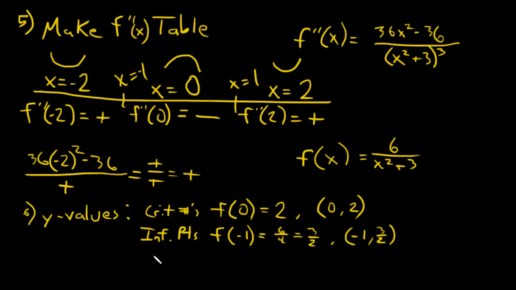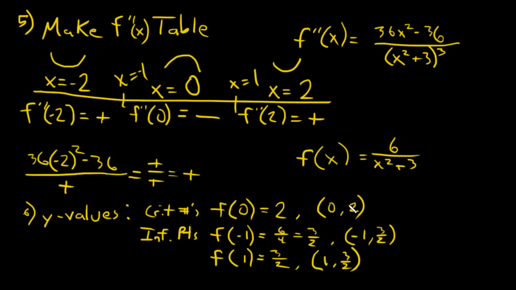And you can already probably tell f of -1 is going to be the same as f of +1 because they are squaring that value. So f of +1 is also 3/2, and I get the point 1, 3/2. Okay? So now I have all the values that I need, where they're located in space.